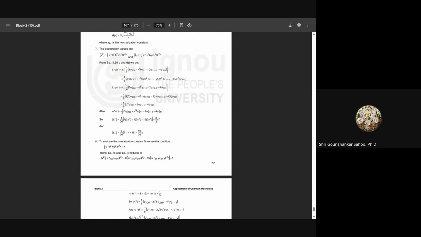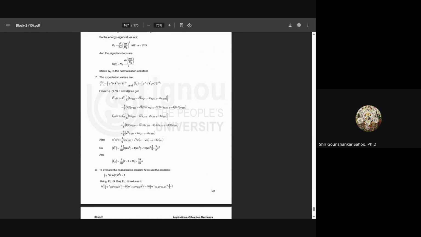Then let us have a hydrogen atom like problem. You can see the wave function for the electron in the hydrogen atom is psi of r equal to 1 by root 63 times (3 psi 200 plus root 7 psi 211 minus 2 psi 21-1 plus 4 psi 311).